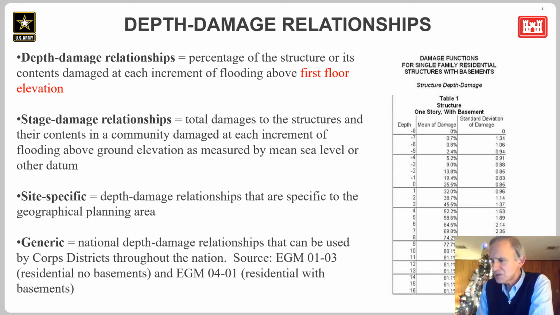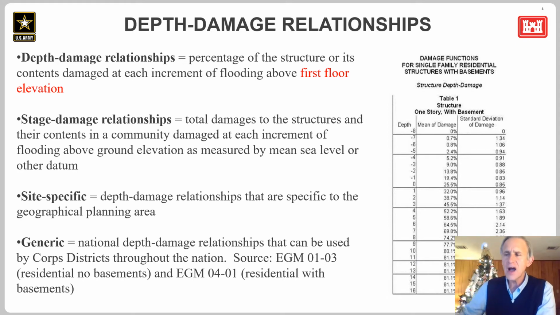That is to be distinguished, by the way, from stage damage relationships. Stage damage relationships are an output of the depth damage relationships and the inventory in your H&H. The stage damage relationship is the total damages to the structures and contents in a community at each increment of flooding above the ground elevation as measured by the mean sea level or other datum. So there's some gauge out there, and now water is getting higher.